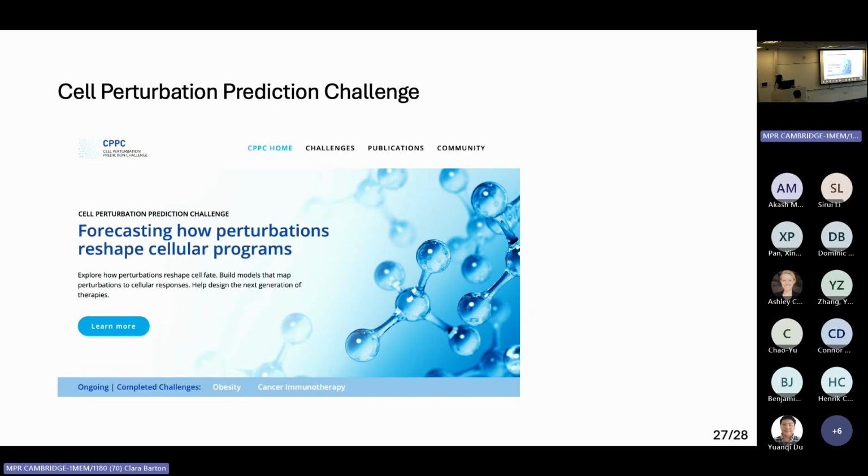At the Broad at the Eric and Wendy Schmidt Center, we have this cell perturbation prediction challenge, which is essentially a website hosting different challenges that we've done in various disease contexts, where we collaborate with wet lab biologists to design a setting to have machine learning algorithms built. Then they're going to test the top performing methods in the lab to see if your algorithm actually works in the wet lab setting. This website will be alive soon, not yet alive.